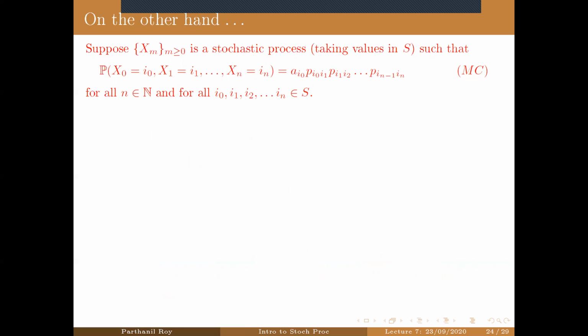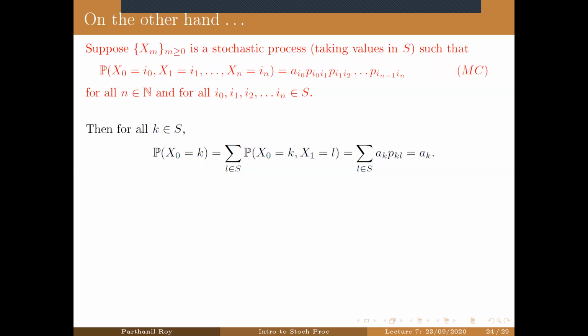If that happens, then firstly, it's very easy to check that the initial distribution of x0 is actually A. Why? The probability of x0 equal to k is just the sum over l of the probability of x0 equal to k and x1 equal to l. This is just the law of total probability. Now this is just the joint probability. So let's use the joint probability with n equal to 1.